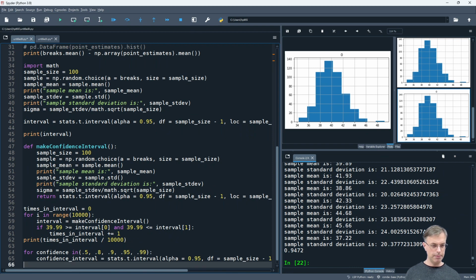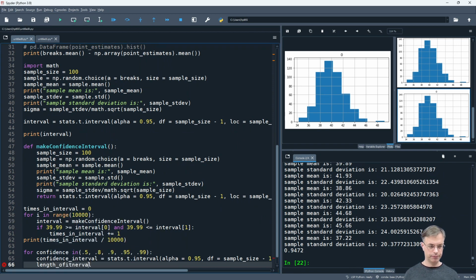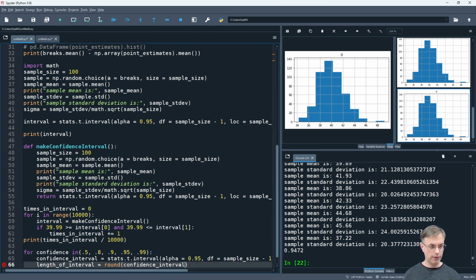So again, the same. And length of interval is going to be a rounded number of the confidence interval, the 1 and confidence interval 0.